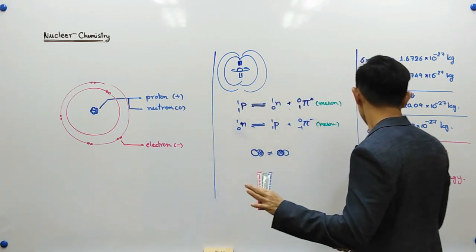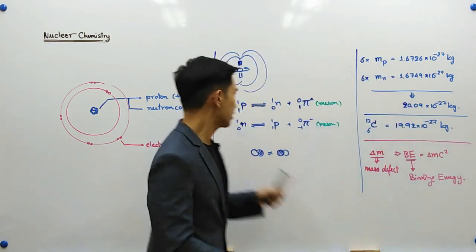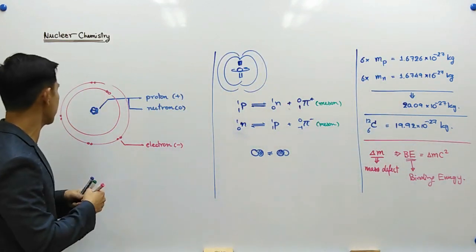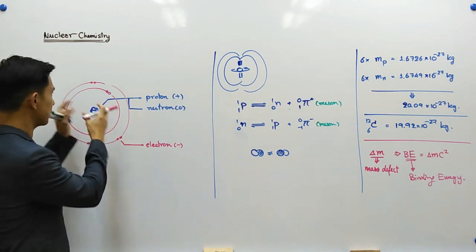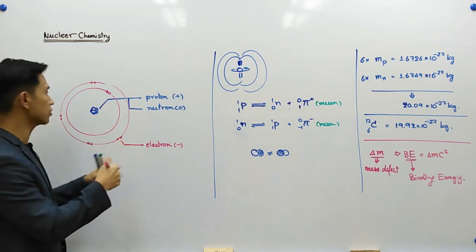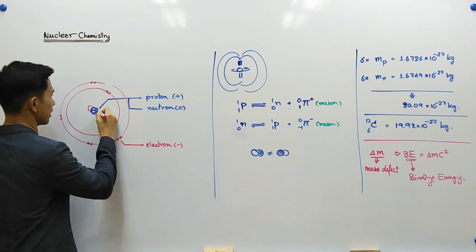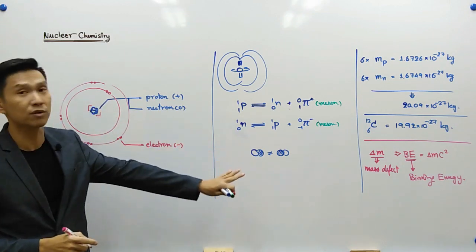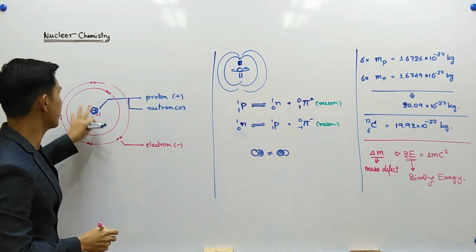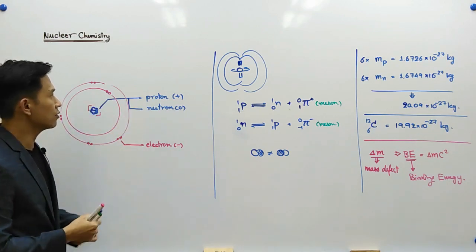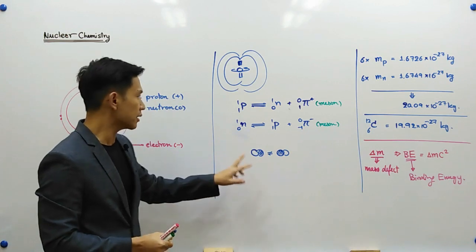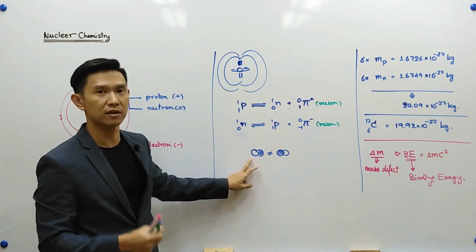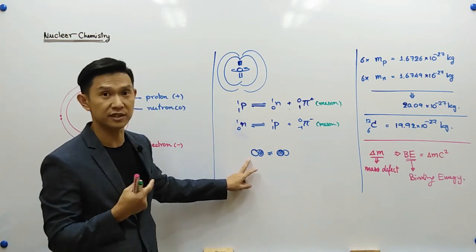And this means that one of the mechanisms to lock the nucleus together, protons and neutrons all together, needs that kind of binding energy, which is called the nuclear force. That makes this happen. Also, because of the interchangeability of protons and neutrons, you reduce the charge density.